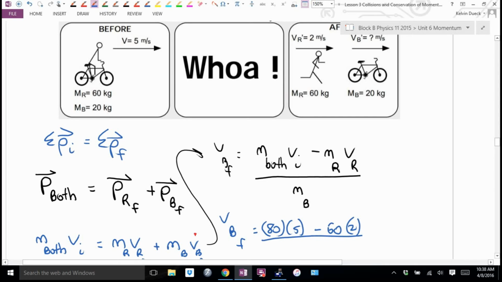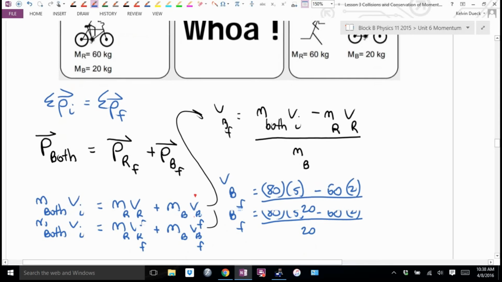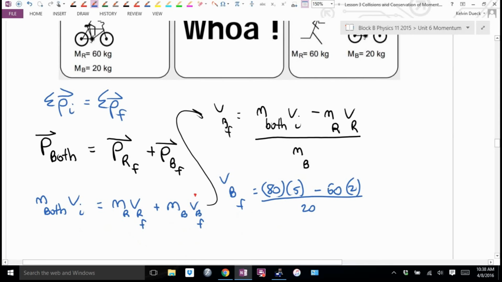Divided by mass of the bike, 20. 400 minus 120 is going to be 280. 14? Yeah. 14 meters per second, forwards, or to the right.